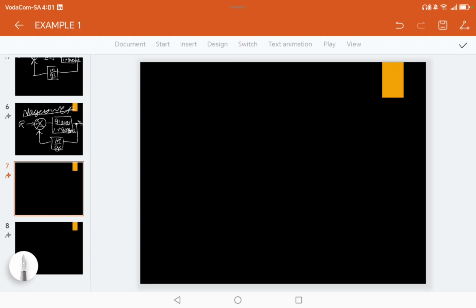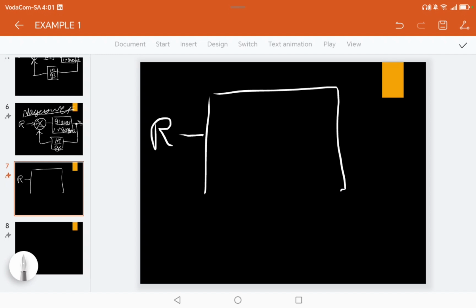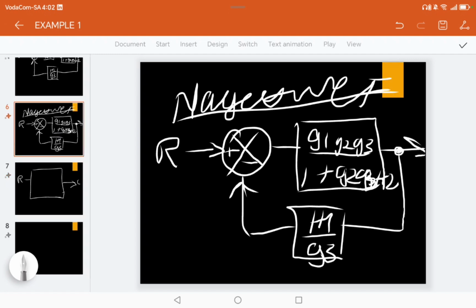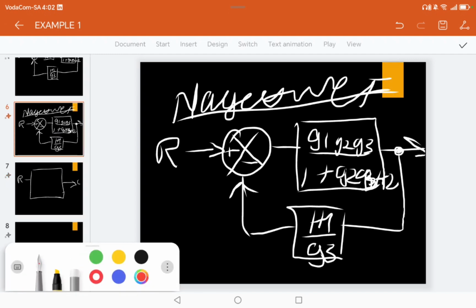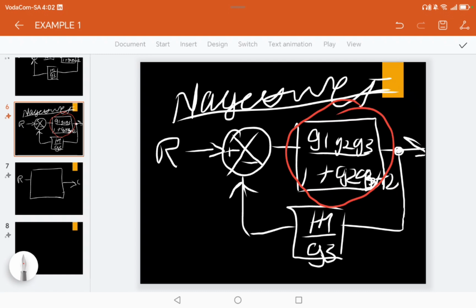Now what do we do? It's R, because now we are cancelling the feedback. Now we are done. We are cancelling the feedback. We're going to say this is our numerator, then divided by 1 plus this multiplied by the feedback gain.